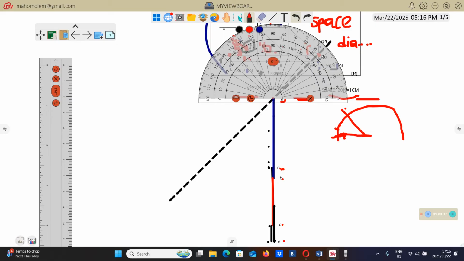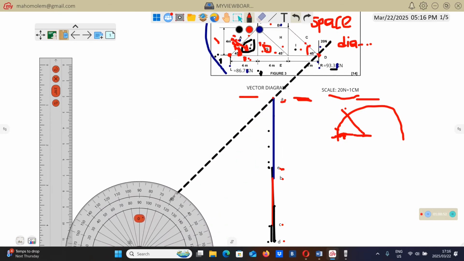But despite that, remember here I said that we draw the parallel lines. So if you measure 45 from this side, you will make a dot here. This should be 45. Then you remove this protractor. You draw a line like this.